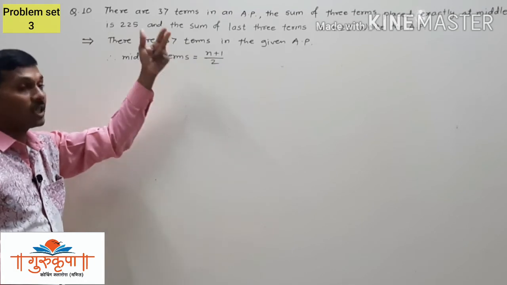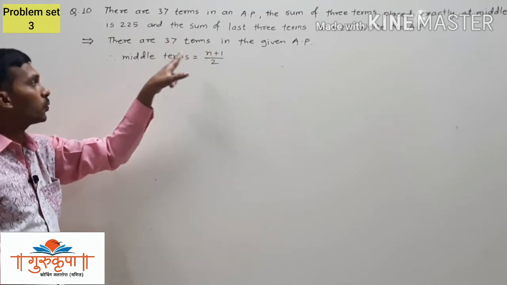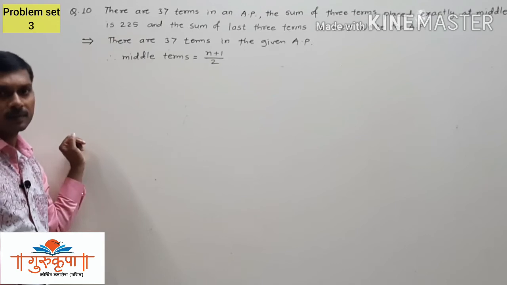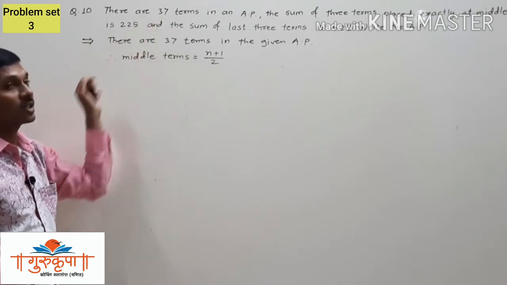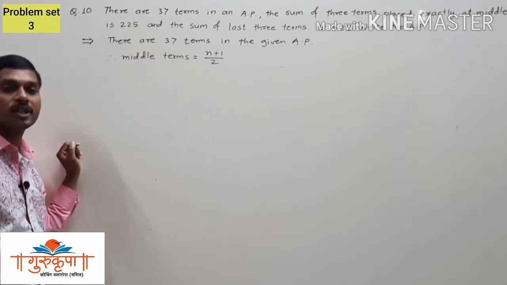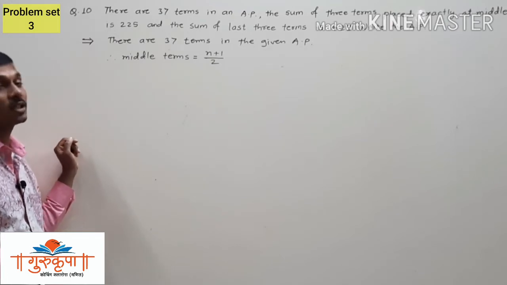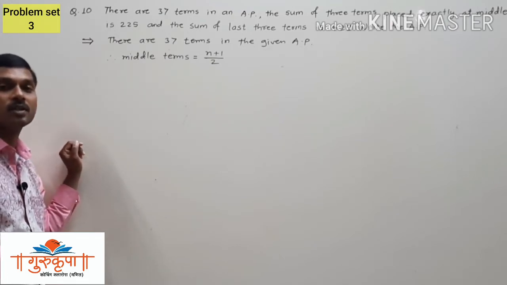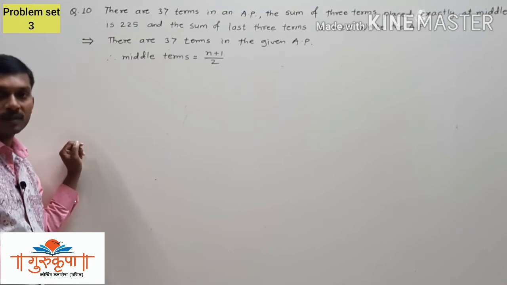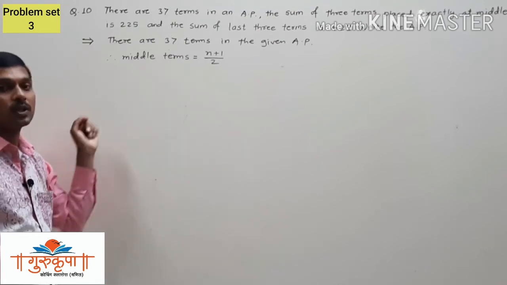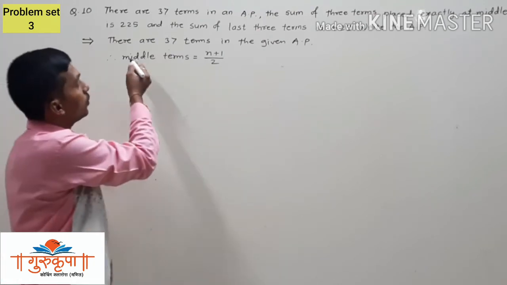And we studied in the 9th standard in statistics how to find the middle term, that is the median. If the number of terms is odd, then it is n plus 1 divided by 2. And if the number of terms is even, then we take the average of the middle two terms.